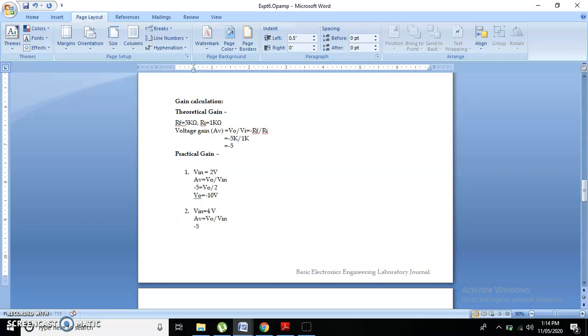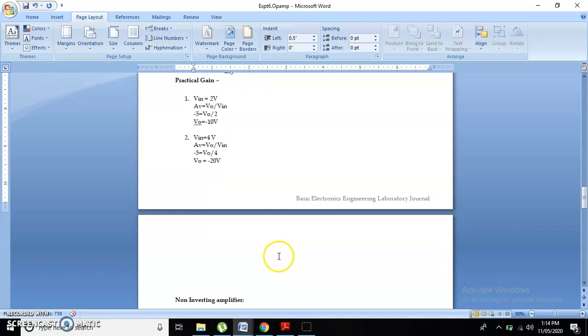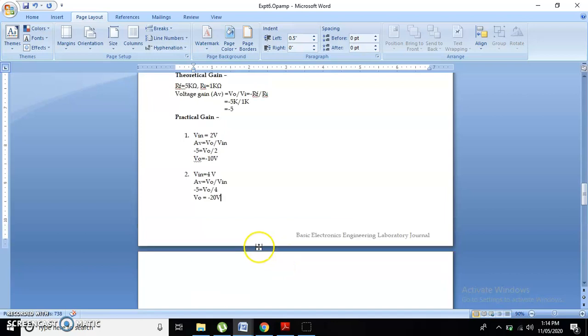That is, minus 5 is equal to VO divided by 4, and therefore VO is equal to minus 20 volt theoretically. And practically, what is the output voltage available is there in the observation table. This you will write for all the observation readings which you have noted.